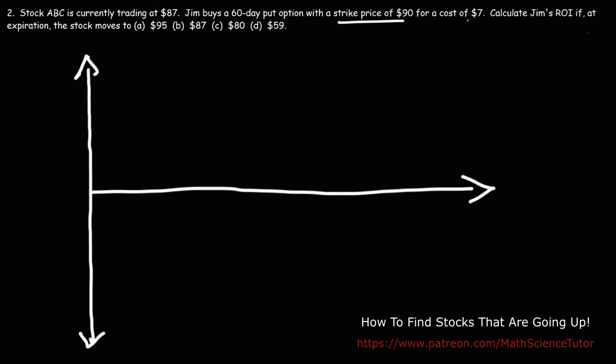The y-axis represents the profit and the loss of the trade. So if the trade is anywhere above the x-axis, it's going to be profitable. Anywhere below the x-axis, you're looking at a loss. The x-axis represents the stock price at expiration.